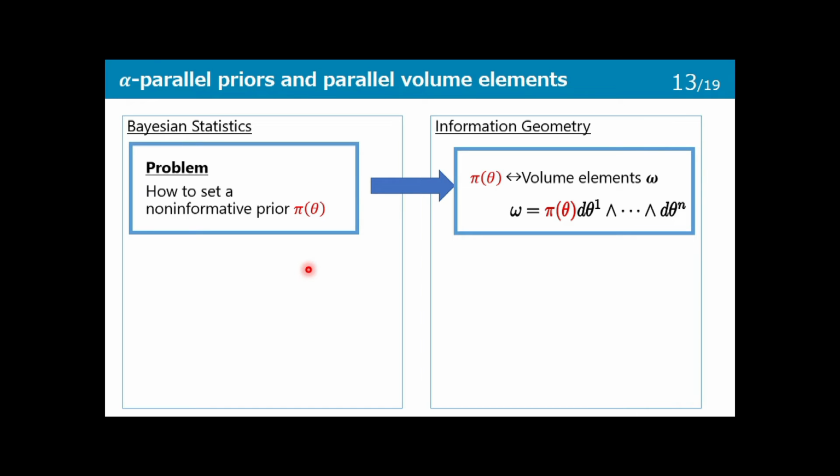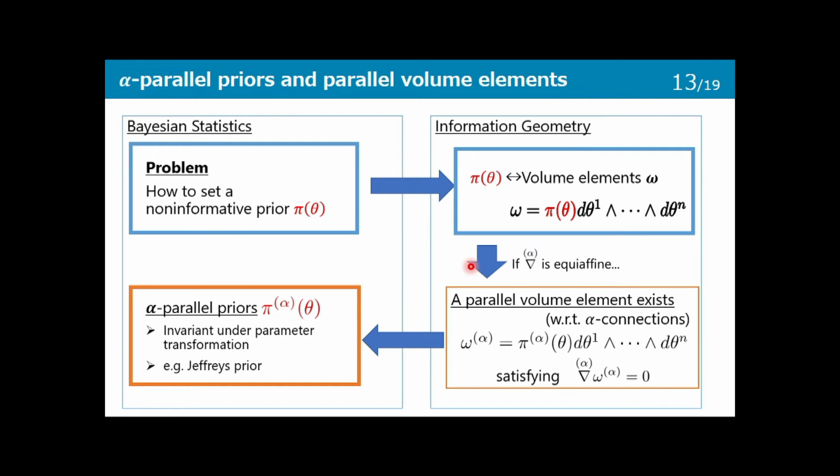Equiaffine connections are related to Bayesian statistics. In Bayesian statistics, there is a deep problem: how to set the prior distribution when we don't have any information for parameter spaces. From the geometrical viewpoint, this prior distribution is regarded as a volume element.